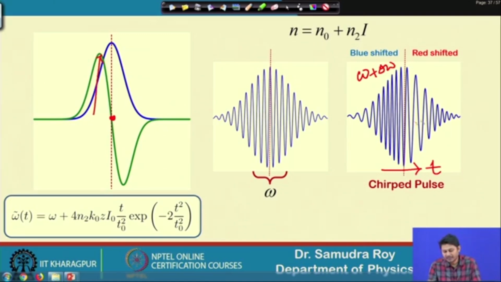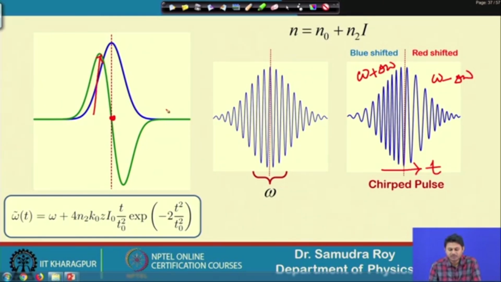And then here we have some frequency reduction, because we have a negative portion in this region. One portion of the pulse will be blue shifted, and another portion will be red shifted, because of this typical distribution of the derivative of the intensity. This kind of pulse is called a chirped pulse.